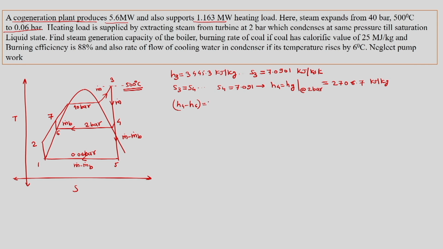It is completely HFG at 2 bar, so m dot b, the mass of bled steam, times HFG is the heat load, which is given as 1.163 megawatt, or 1163 kilowatt.